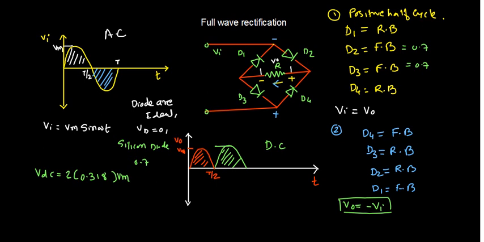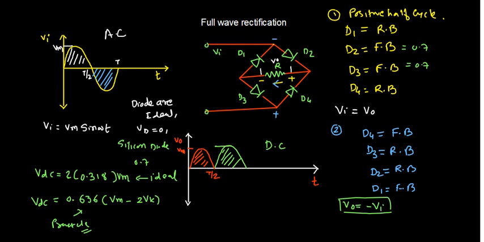If you consider the silicon one, if I multiply this, it will be 0.636 into Vm minus 2Vk. 2Vk is there because we have considered a silicon diode. This will become 0 if all the diodes are ideal. So this is the equation for VDC, this is for the ideal one and this is for a practical diode, a silicon diode or a germanium diode, whatever you consider.